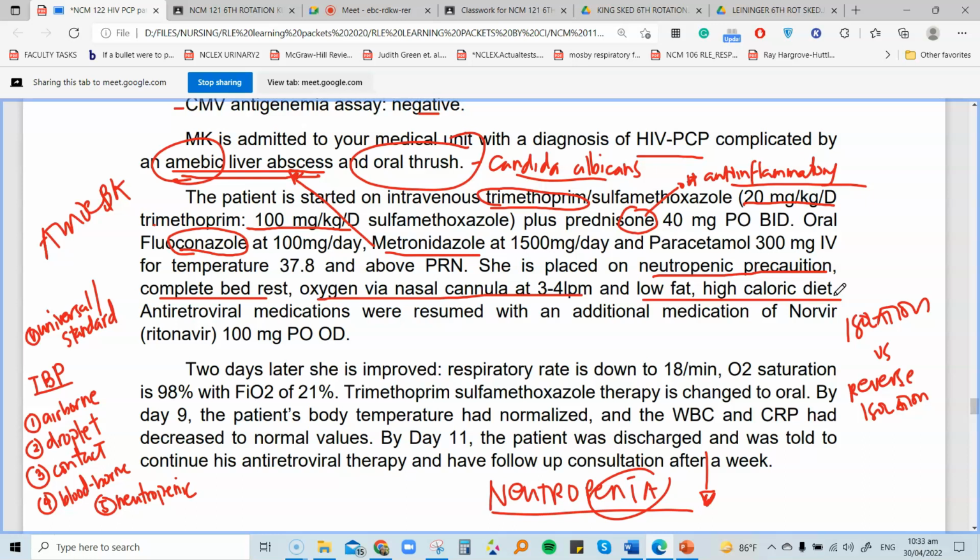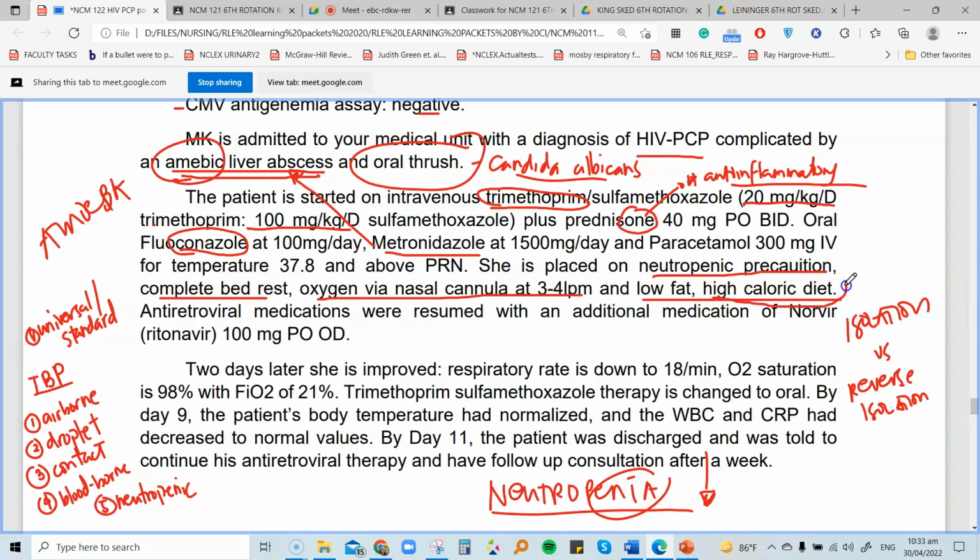And since meron kang pus or abscess in the liver, the client's liver is not adept at metabolizing the fats. So in this case here, we should actually place the patient's liver on rest. So no fatty foods, no saturated fats, no to all of that one. So low fat, high caloric diet.